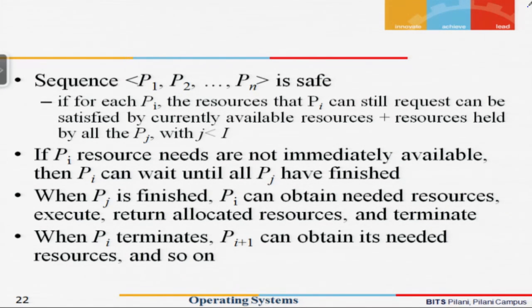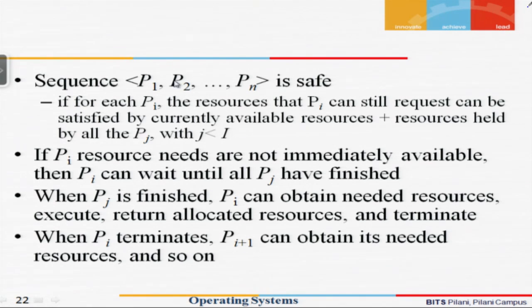So meaning to say that if suppose the process P2's request can be met by the available resources plus the resources which are released by P1, because in this case we are assuming that P1 would have executed.